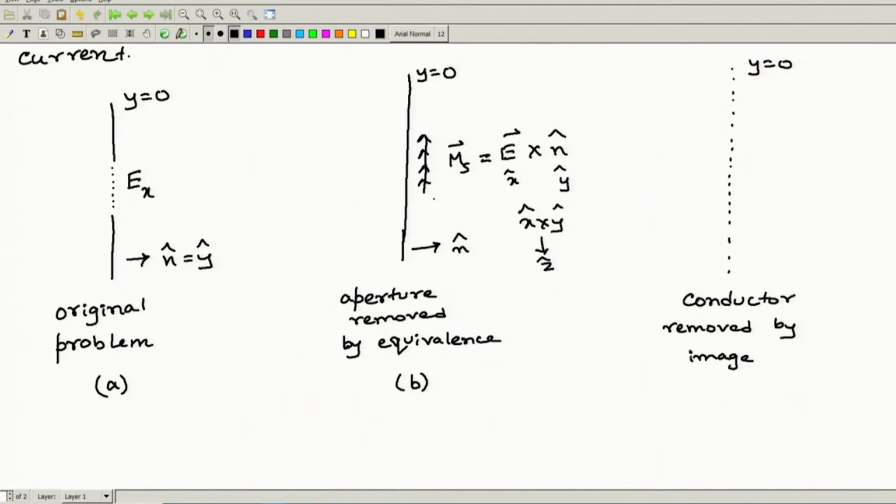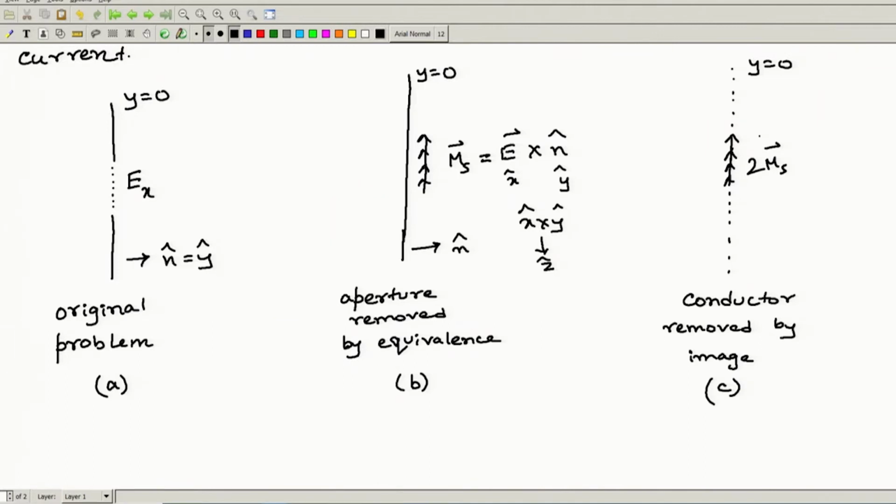Now therefore, if we apply image theory in this state, that is in figure C, then after removing the ground plane there will be the image, and both of them, the image and the actual, will be in such close vicinity that it can be assumed as twice of Ms. Fine.